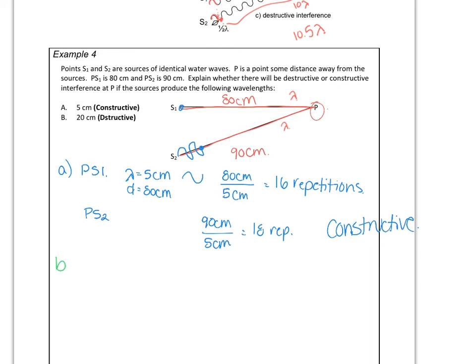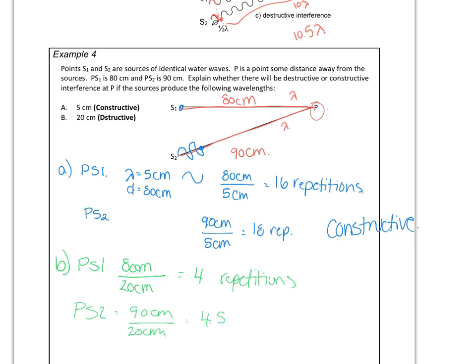If we look at B, where our wavelength has changed, let's look at PS1. I'll divide the distance, our 80 centimeters, by our 20 centimeter wavelength. That means I can fit 4 waves or repetitions into that space. If I look at PS2, I have 90 centimeters divided by 20 centimeters, and I get 4.5 repetitions.